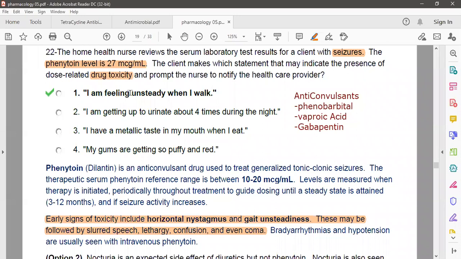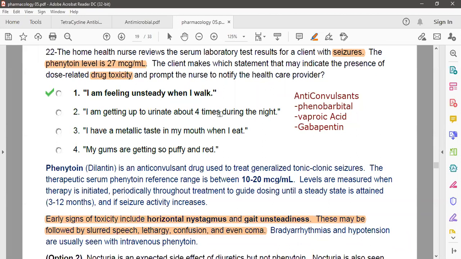Number one, I am feeling unsteady when I walk. Here we are going to see what the signs and symptoms of phenytoin toxicity are, and feeling unsteady when I walk is one of the signs of phenytoin toxicity. I'm getting up to urinate about 4 times during the last night.